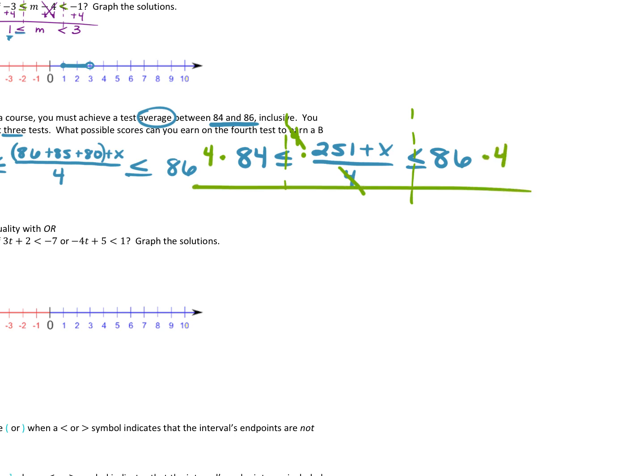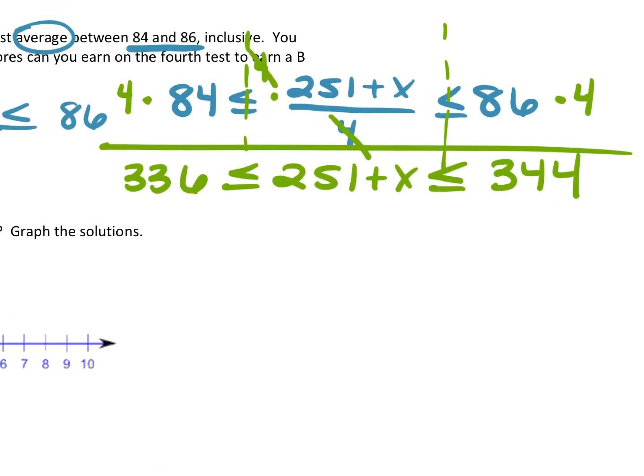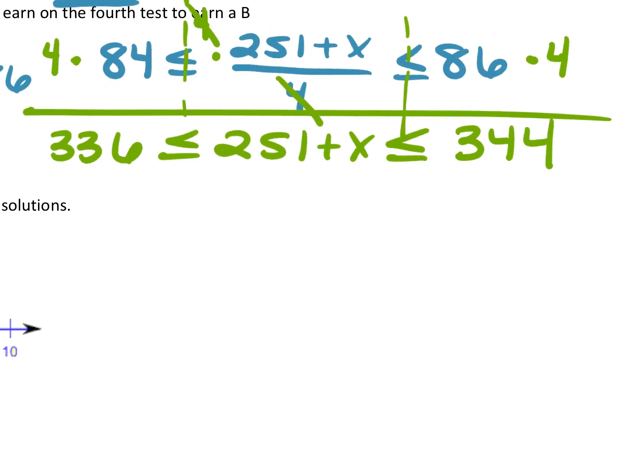And that becomes 84 times 4 is 336, is less than or equal to 251 plus X, which is less than or equal to 344. Everyone with me on that? So I just got rid of the 4 by multiplying. I still want to isolate X. How do I get X by itself in the middle?